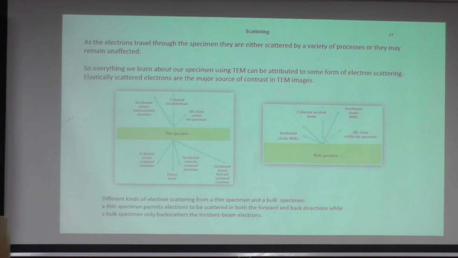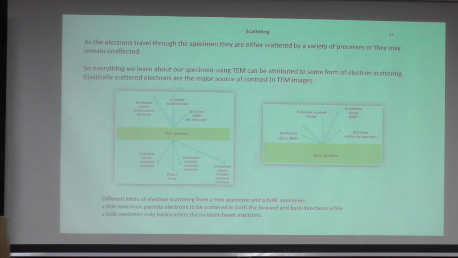So what do you need? You need to reduce the specimen thickness to several hundred nanometers, like let's say 100 nanometers. For high voltage microscopes, like 1 MeV, maybe you need 500 nanometers, but for the typical microscopes that they use, with electron beam energy of 200, 300, sometimes 800 keV, you need to reduce the thickness of your specimen below 100 nanometers.